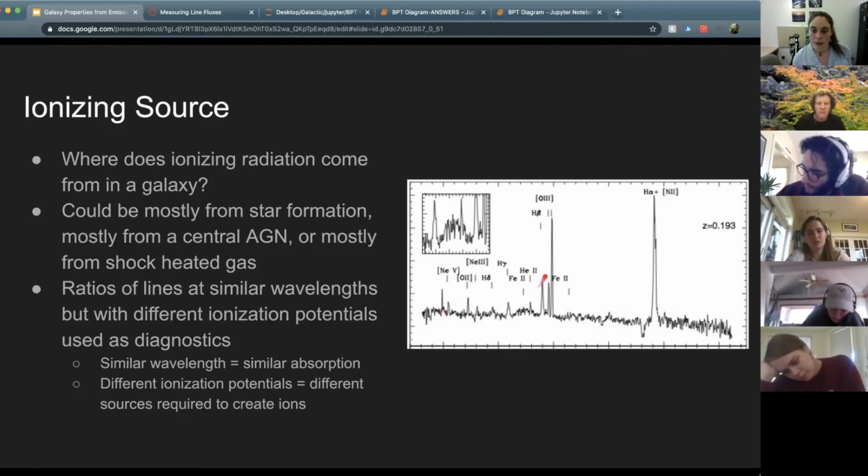So the ones we're going to focus on are H beta and O3, two lines that are fairly bluish, green, I guess more green, I should say. And then H alpha and this N2 line, two lines that are pretty much right on top of each other over here in the red. So really similar wavelengths, but we're looking at neutral hydrogen compared to doubly ionized oxygen and singly ionized nitrogen.